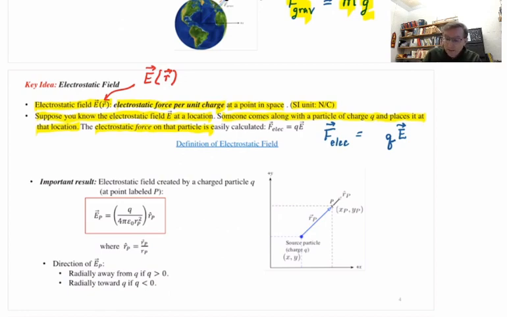Okay? So if you already know E at a certain location, and somebody comes along with a particle of charge Q and puts it at that location, do Q times E to get the force on the particle. See how I'm arguing just like I did in the gravitational case? Gravitational case is using mass and gravitational field, and this case is using charge and electrostatic field. Now there is one complication in the electrostatic case that you don't have in the gravitational case.